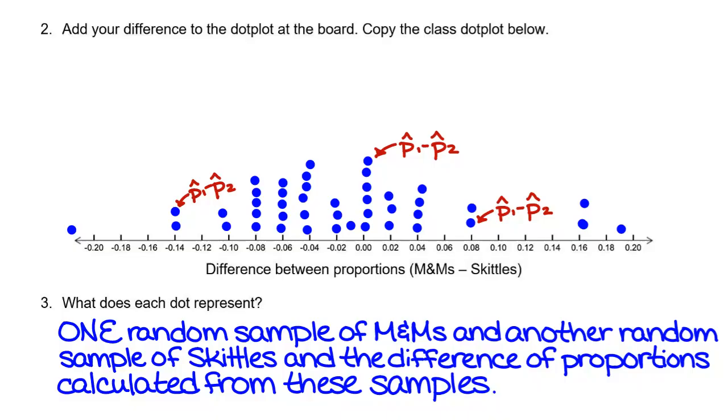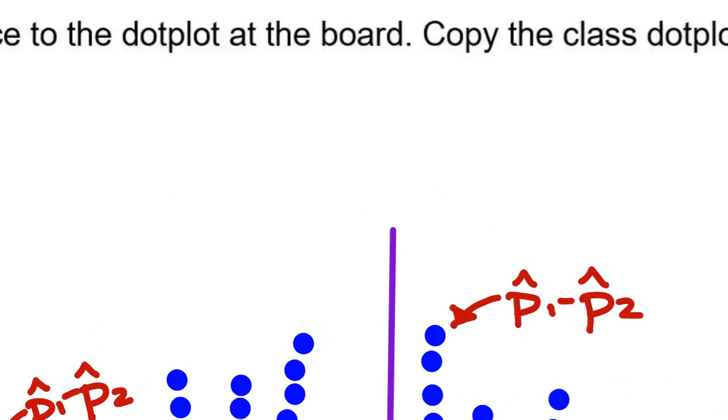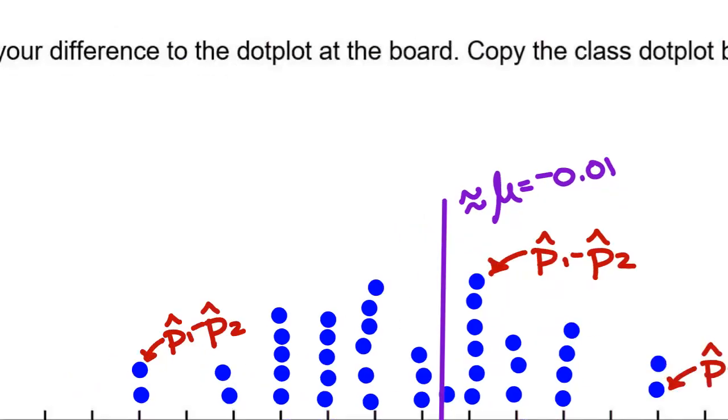So from here, how far out do you think you would want to go on either side to catch 68%? And let me draw where we said our center was approximately. We said the center was about here. This is the approximate mean of negative 0.01.